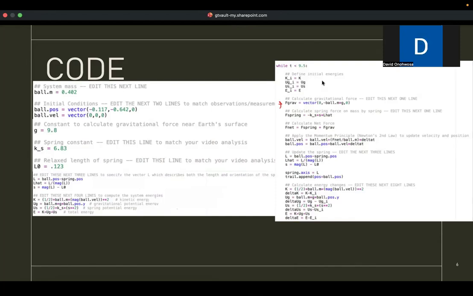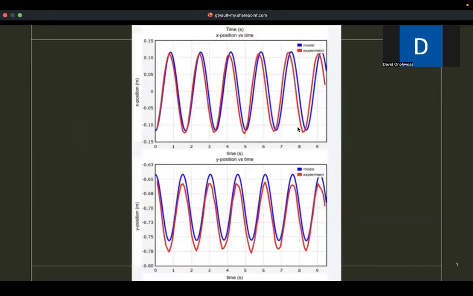And then here we have our loop, which is going to calculate the gravitational force and the spring force and use those to calculate the net force, velocity and position update formulas, update the spring, and then calculate our energy changes.